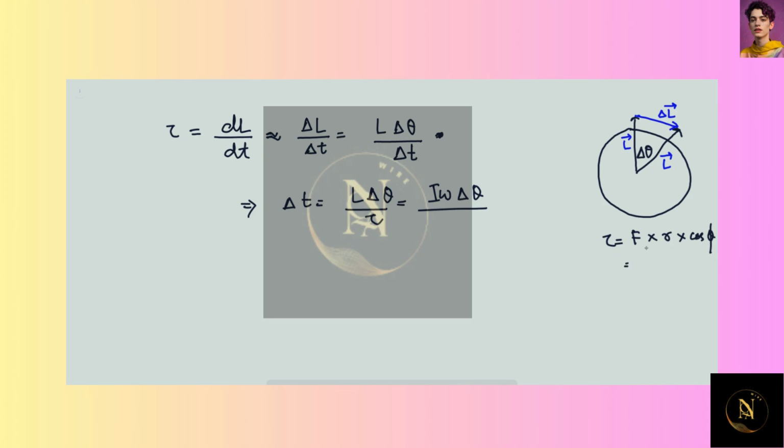Now, since force is tangential to the circle and R is towards the center, these two are perpendicular. Therefore, cos phi is, sorry, this is sine phi because tau is the cross product of F and r. So sine phi goes to 1 and therefore tau is equal to F times R. So that's what we are going to write here.